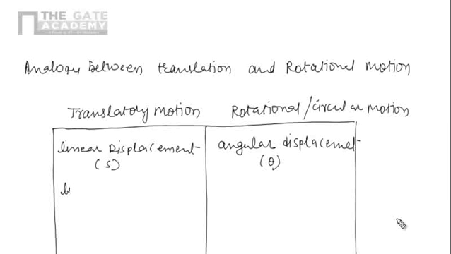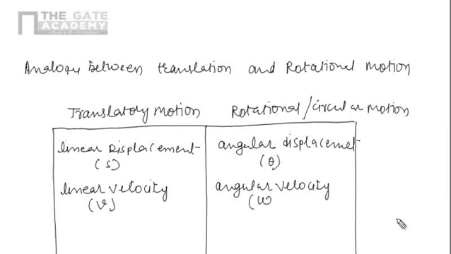Here we are interested in linear velocity in case of translatory motion. Linear velocity is generally denoted by u. Here we are interested in angular velocity, and we denote it by omega. In case of translatory motion, we have linear acceleration, which is denoted by a.